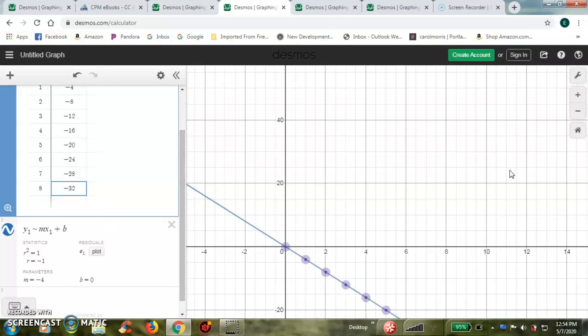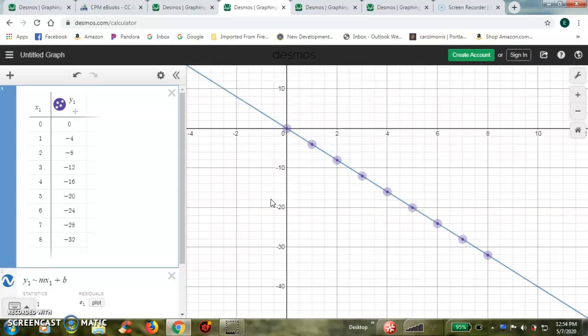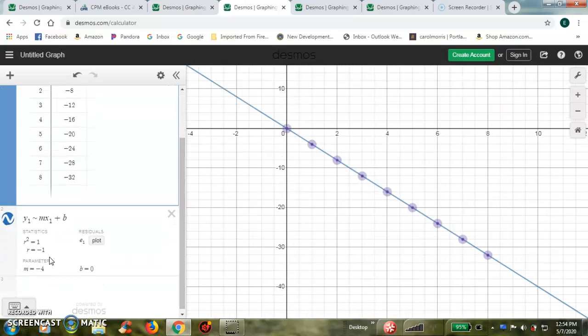You can see that the correlation coefficient has now become -1. So again, if the points are directly on the line, it's going to give you a correlation coefficient of either 1 or -1, depending on whether it's positive or negative. I'm hoping this makes sense. Your correlation coefficient is always going to be between and including 1 and -1.